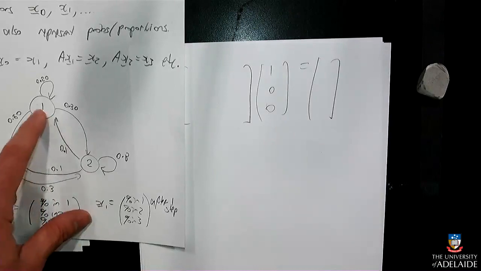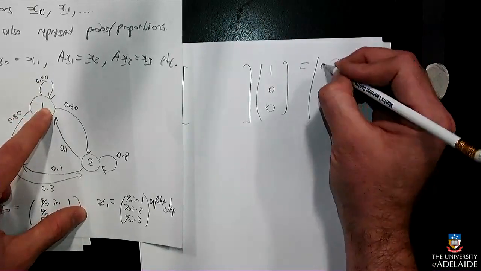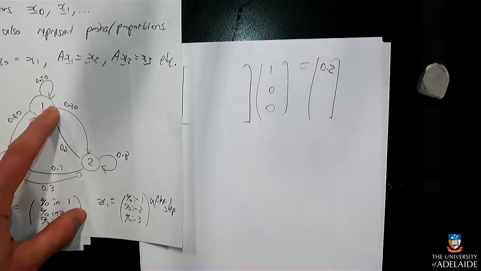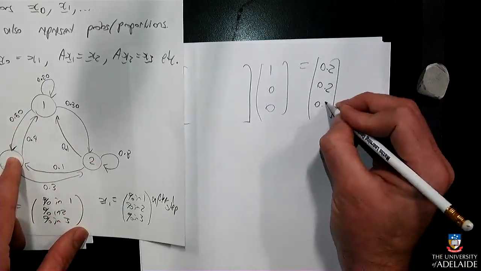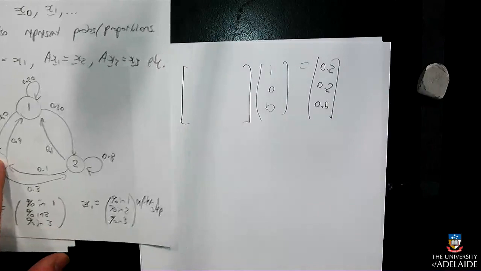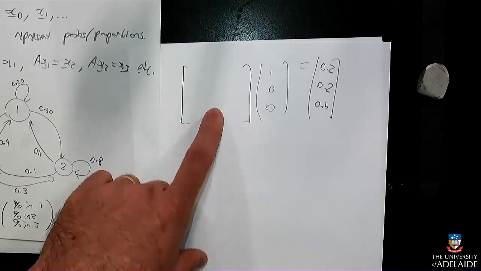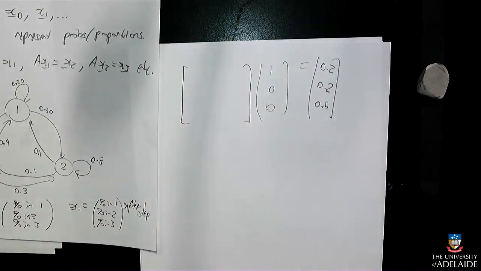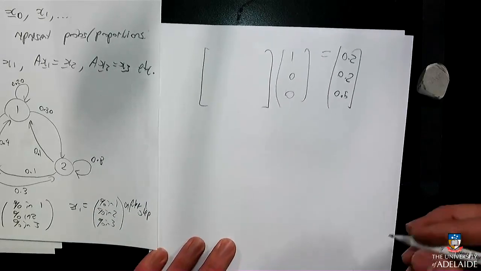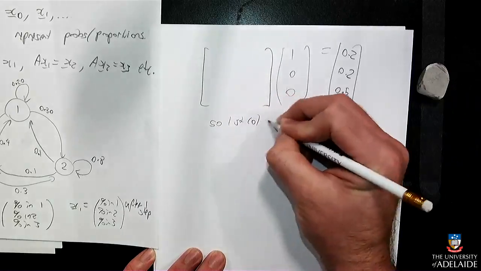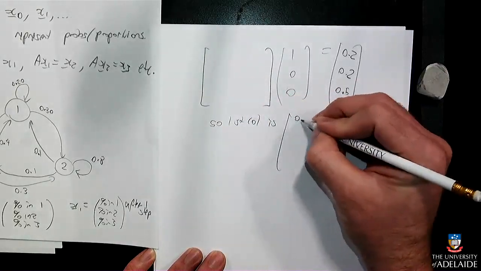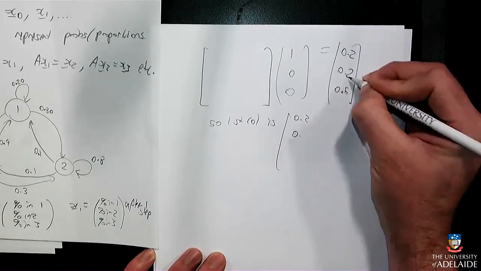So if you follow that, 20% will still be in position 1, and 30% will end up in position 2, and 50% will end up in position 3. And so when I multiply a matrix by 1, 0, 0, it tells me what the first column is. And so the first column is this.